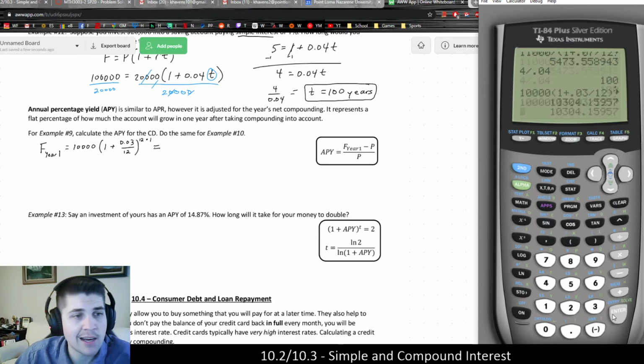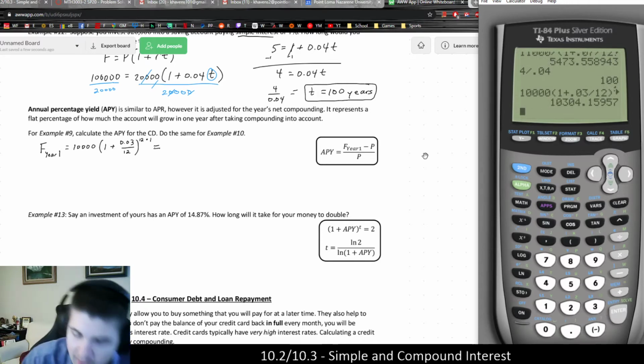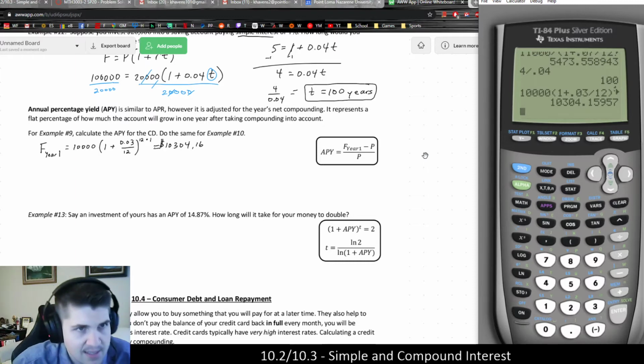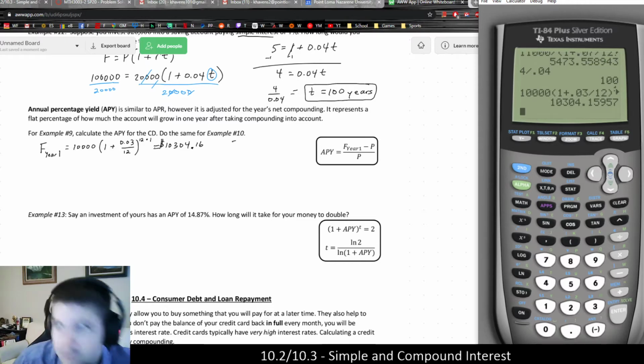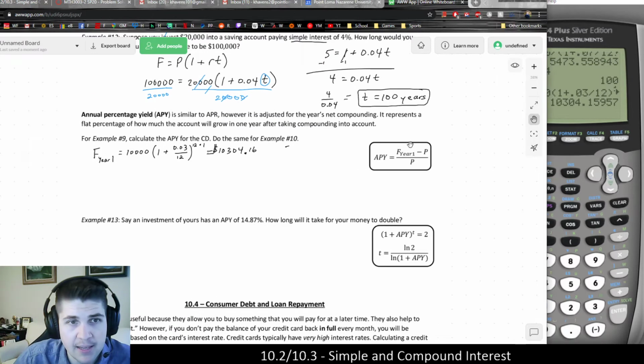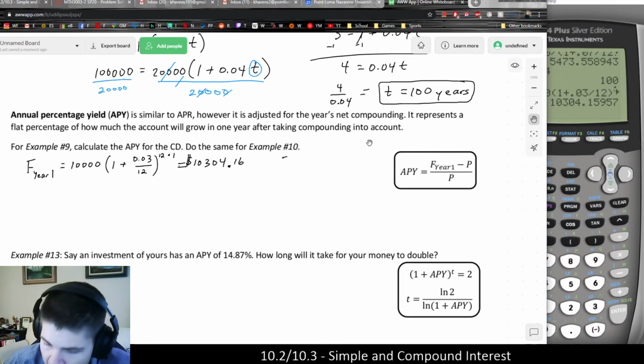Basically, I'm figuring out the net growth over 1 year, which was $10,304.16. If I do that and subtract the principal, as it says to do in the packet, the APY is equal to that, minus the principal.